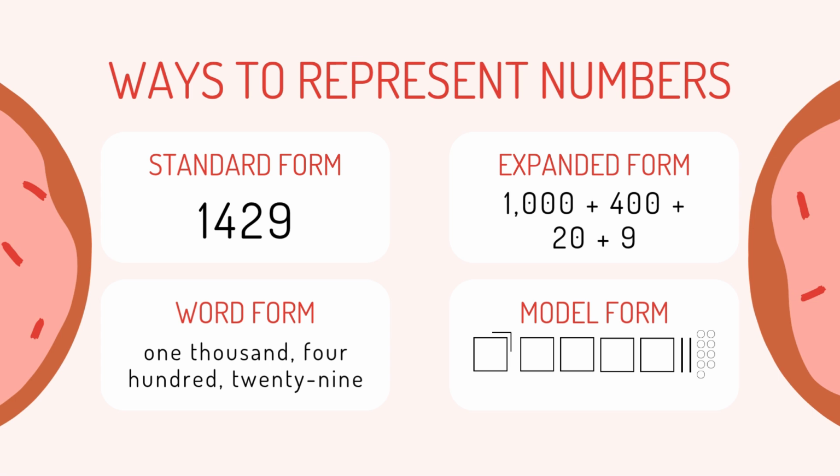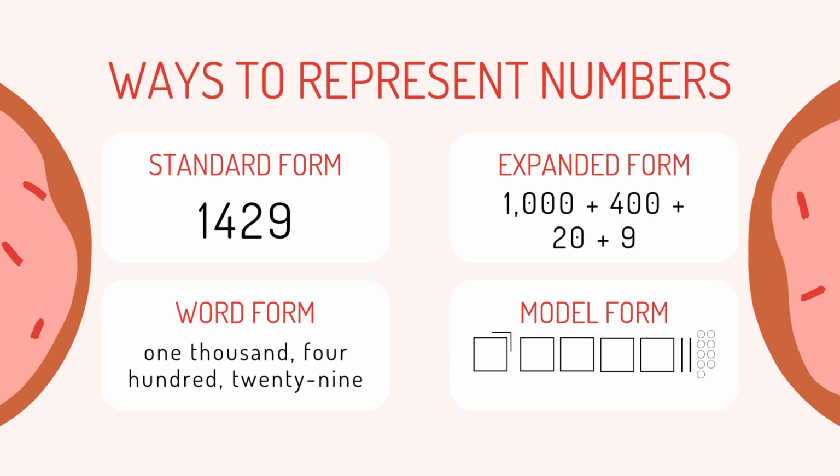There are several ways to show numbers. Let's use the number 1429 as an example. Standard form is just writing the number 1429. Expanded form breaks the number into parts: 1000 plus 400 plus 20 plus 9.